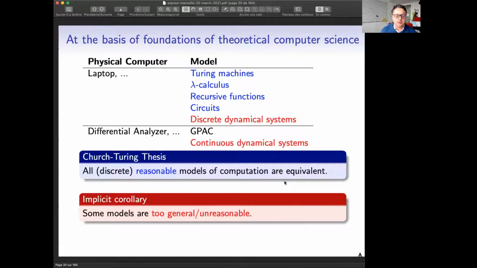So some models are too general or unreasonable. So one question is, what happens for continuous time and space models? How do they compare to the machines like the discrete time and space models that you may be more familiar with, like Turing machines?